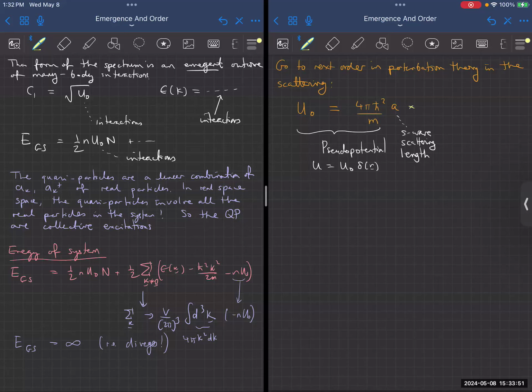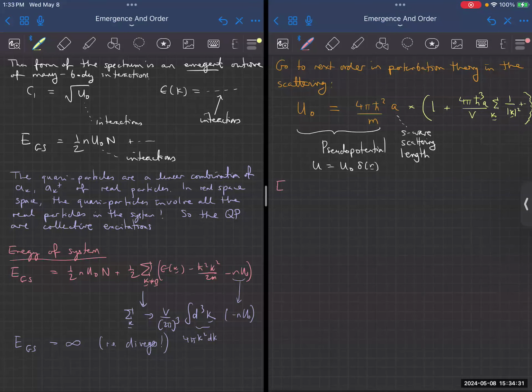So what Lee and Yang showed was that actually there's a correction to this that comes to next order in perturbation theory, which comes in like this: 4 pi h bar cubed a over V times the sum over k of 1 over V squared. And there's higher order corrections as well, and so you get something like this. And this extra correction then allows you to compute the energy of the ground state.